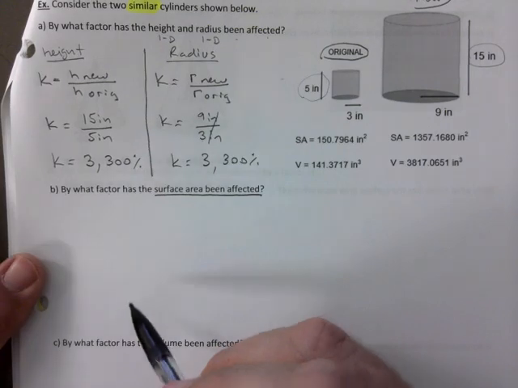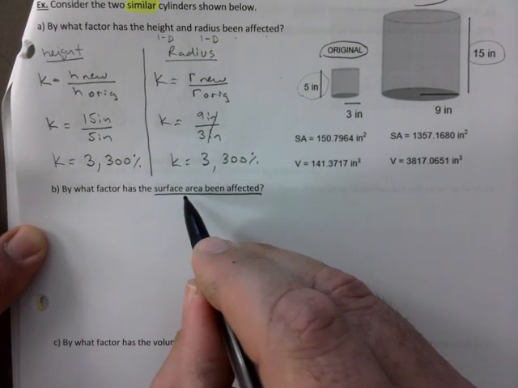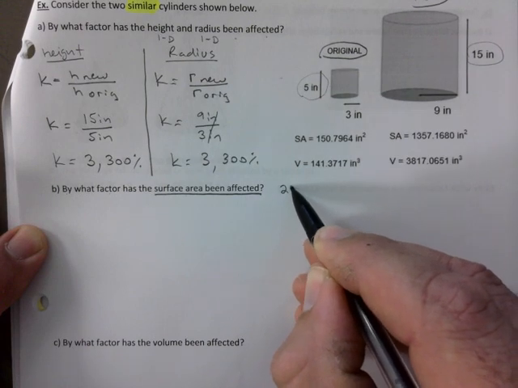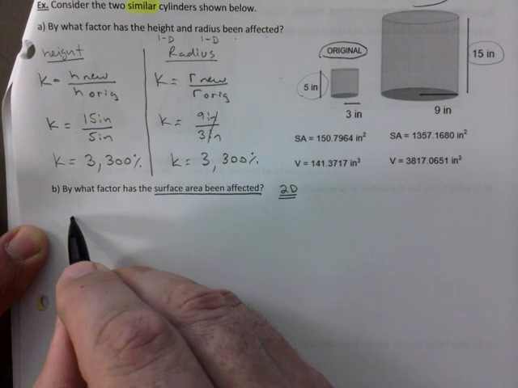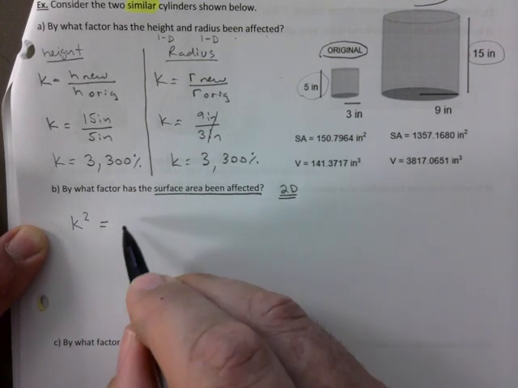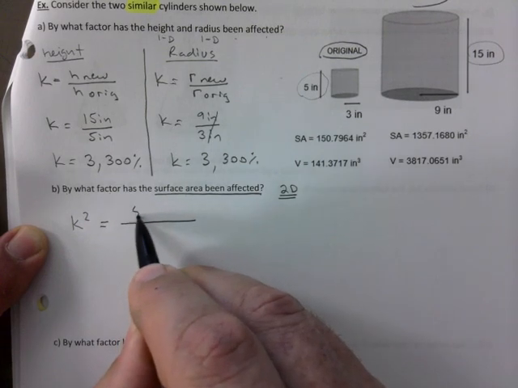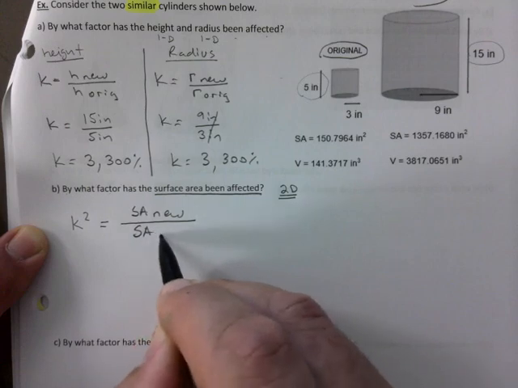It will be 3 squared. But if you don't believe me, here we go. It's surface area, so we're talking two-dimensional. Okay, so I'm going to go k squared is equal to surface area of the new divided by surface area of the original.